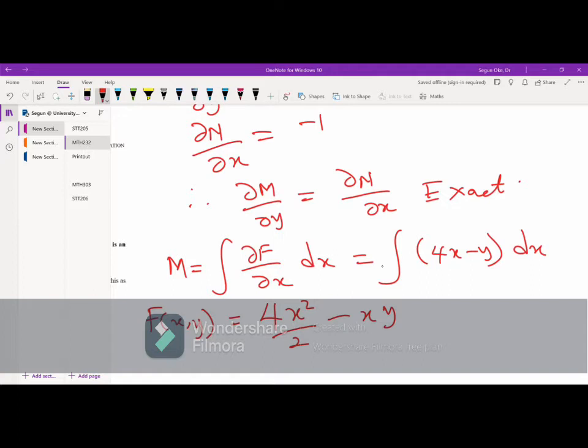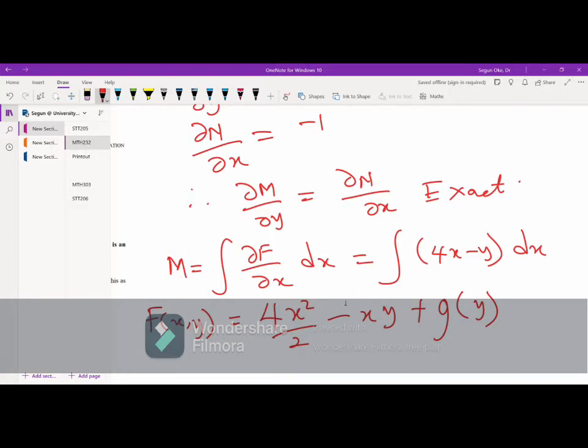Remember, it's not differentiation, so it will not turn to 0. If it's differentiation, then you can say this one is 0. Plus that particular function of y must be added. Since I'm integrating with respect to x, I will add a function of y. If I'm integrating with respect to y, I will add a function of x. Please take note of that step.